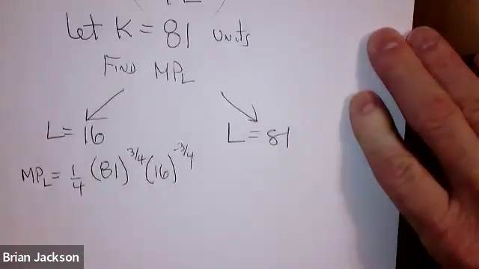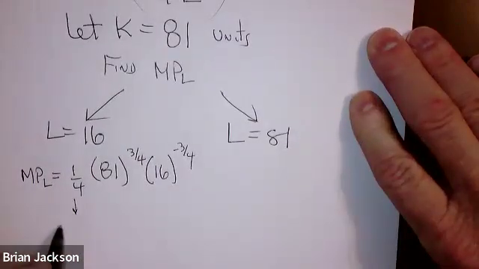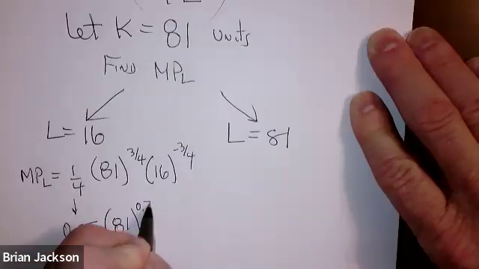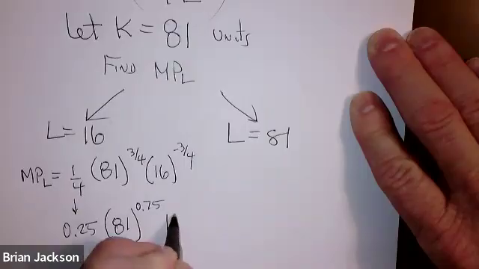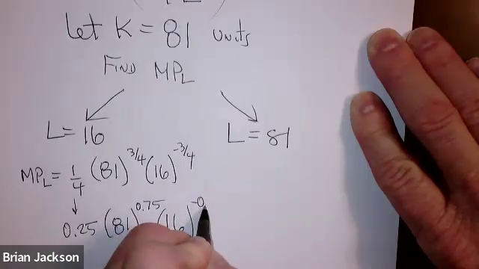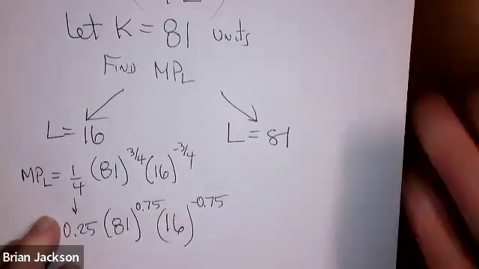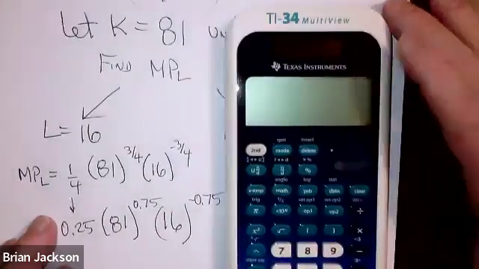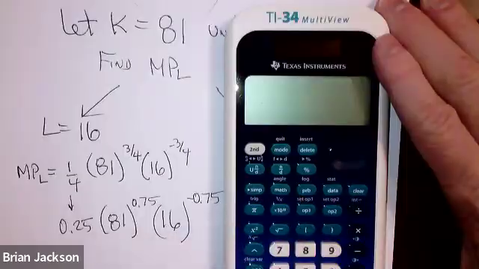Now, if you just want to use your calculator, you can write 0.25, okay? 81 to the 0.75 and 16 to the negative 0.75. So you can go through this same thing if you want, using your calculator. Let's find out what this is here real quick.